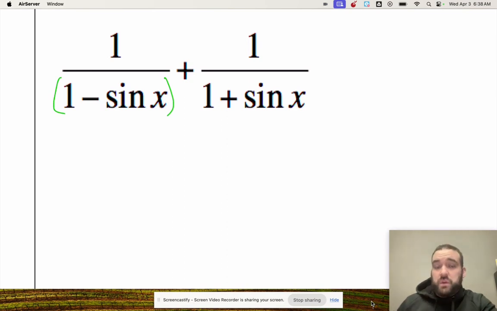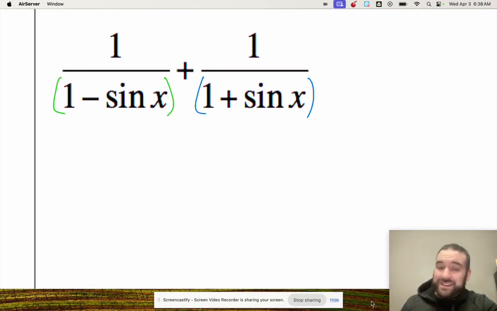Now, I can only use multiplication when I'm manipulating or changing a fraction. So I can't just add two sine of x to the first fraction so that the common denominator is there.